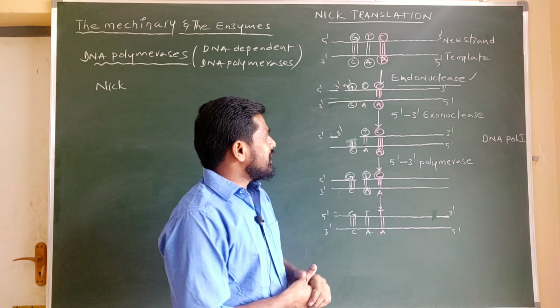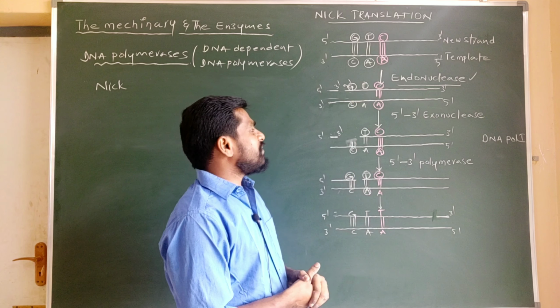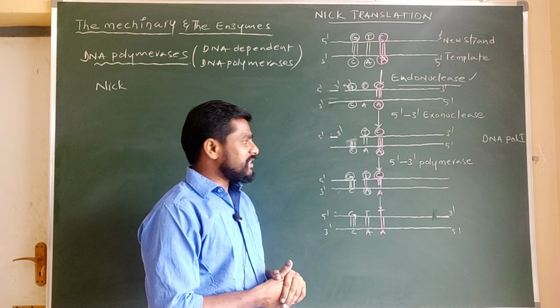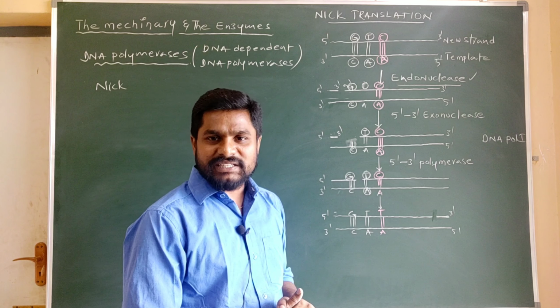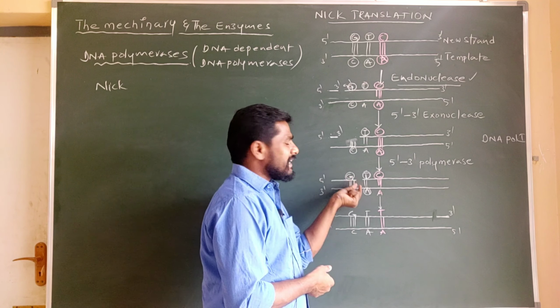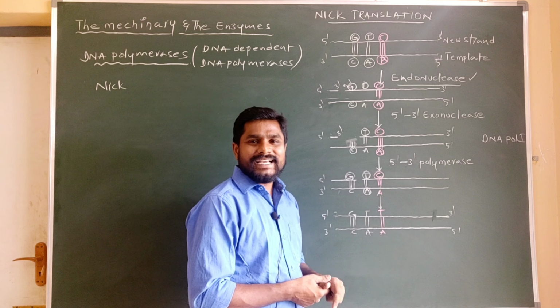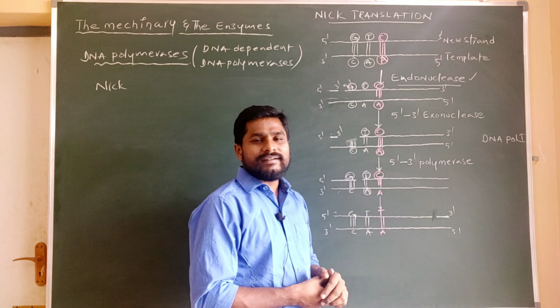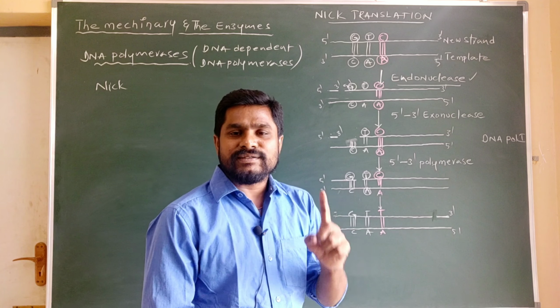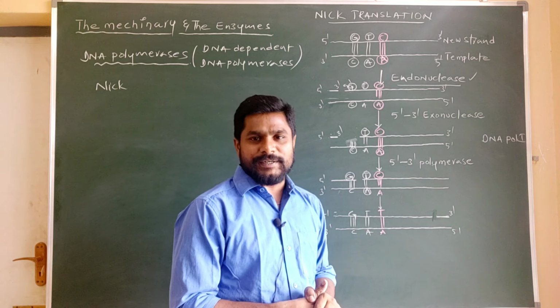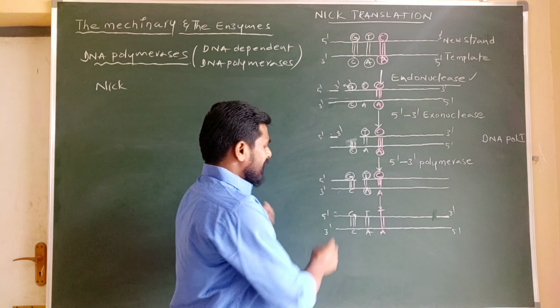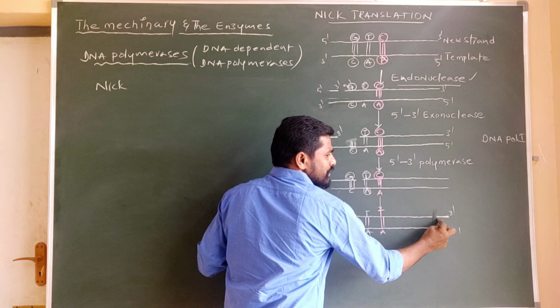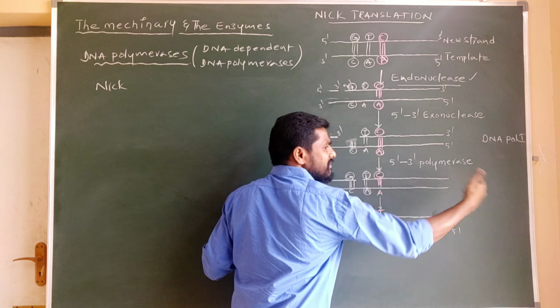So by the alternate action of 5' to 3' exonuclease activity and 5' to 3' polymerase activity, the nick gets translated. The nick moves forward on the daughter DNA strand every time by a distance of one nucleotide. Finally, they translated the nick towards the other end of the DNA molecule.